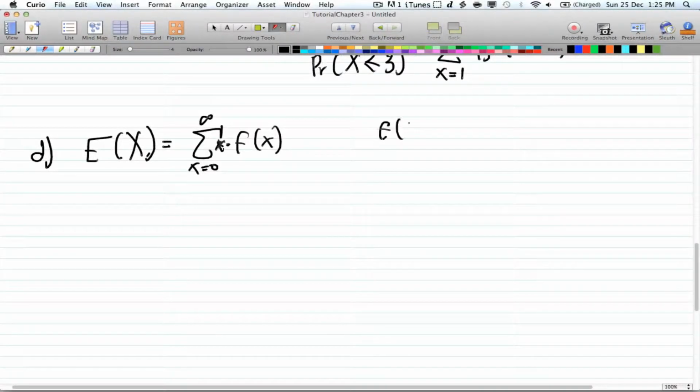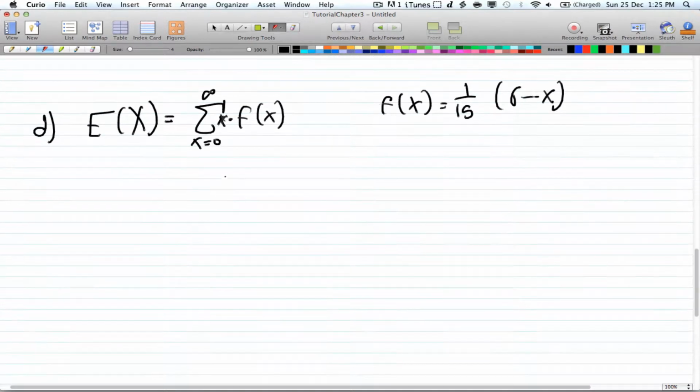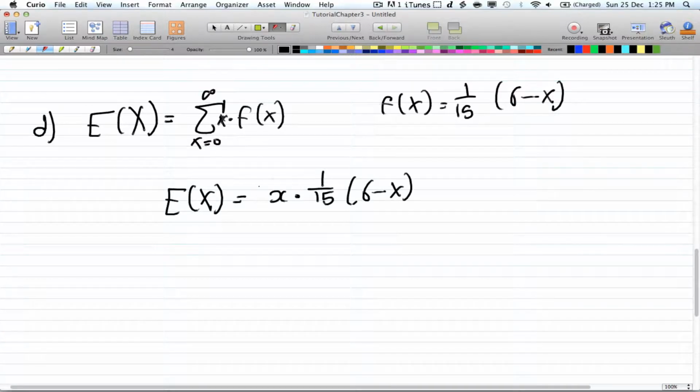And our f of x is equal to 1 over 15 times 6 minus x. So you just plug in that number here. So you have E of x, the expected value of x, is equal to x times 1 over 15 times 6 minus x. And that will be the sum from x equals 1 to 5.